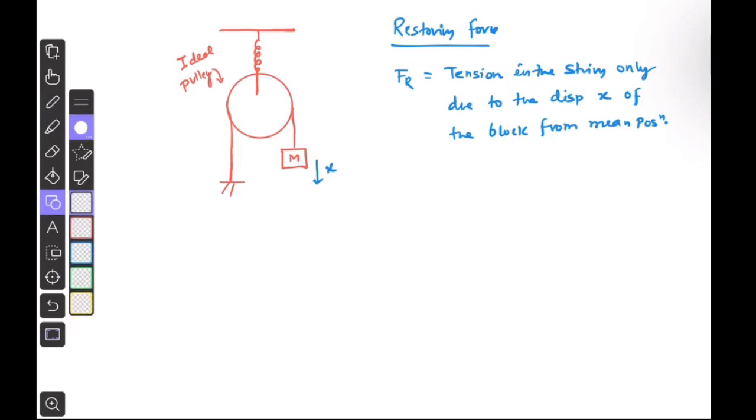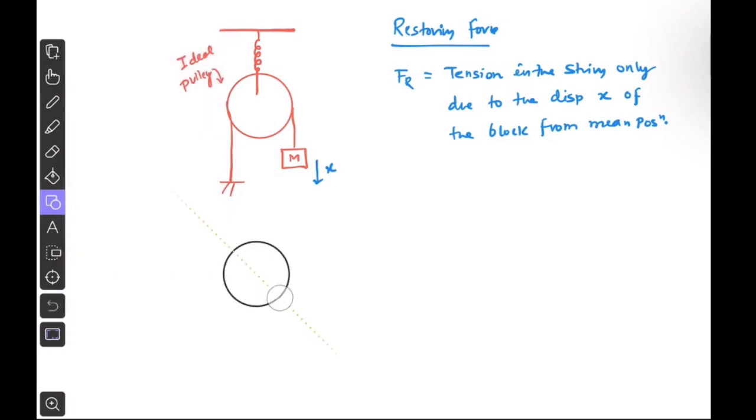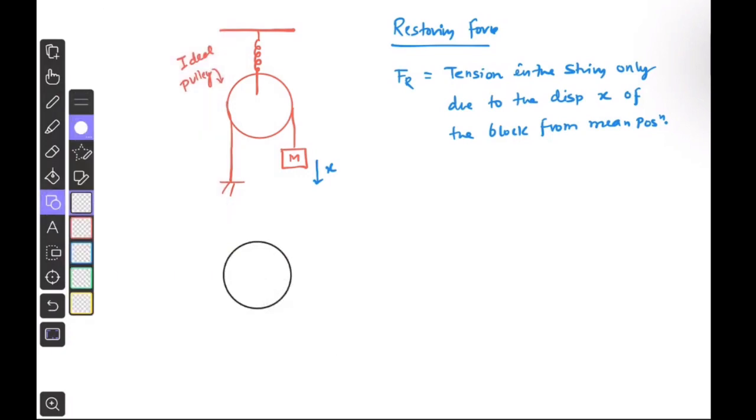Whatever amount by which the pulley moves down, by the same amount our spring will move down. And if this block moves down by x, then any point in the right string will be going down by x. If I take any point in the left part of the string, it is fixed to one end.